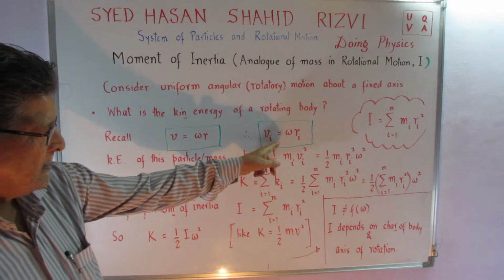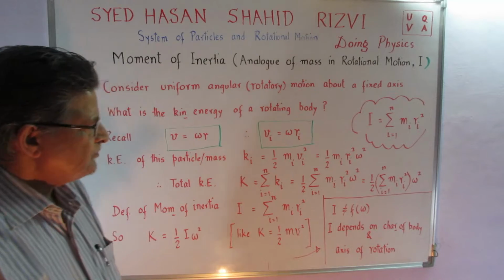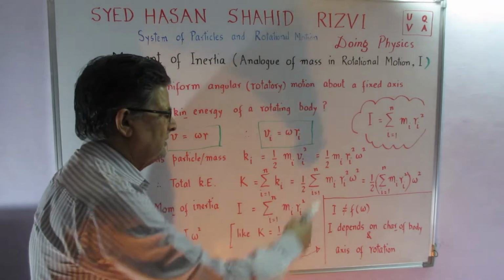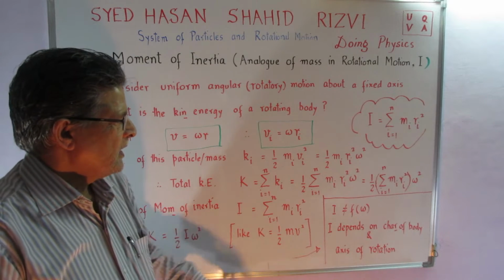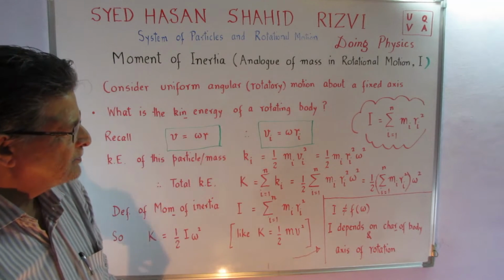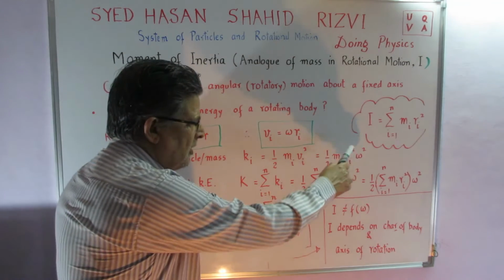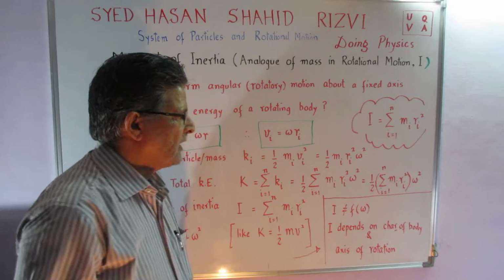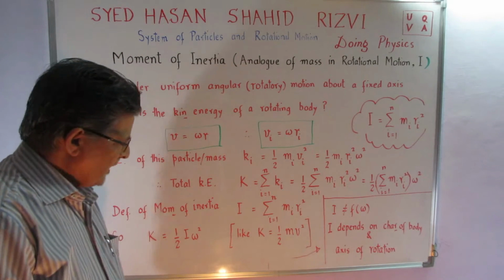And using this relation, Vi is equal to omega Ri, I just substituted that. This will become equal to half Mi, which is the mass of the particle, Ri omega whole square, which turns out to be equal to Ri square omega square.